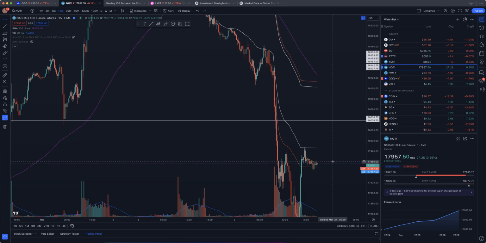You can open 20 contracts of MNQ, which is micro contracts of NASDAQ futures. But the problem is, if you're opening 20 contracts, you need to hold your account above $2,000 in buying power. The minute it drops under that, they're going to liquidate your entire portfolio. So this is where the risk management aspect comes in.